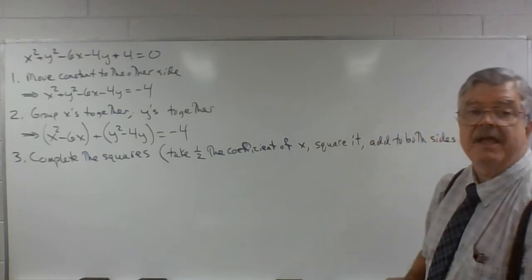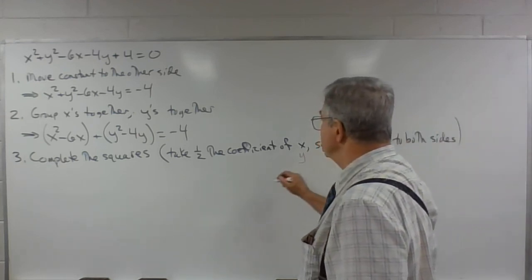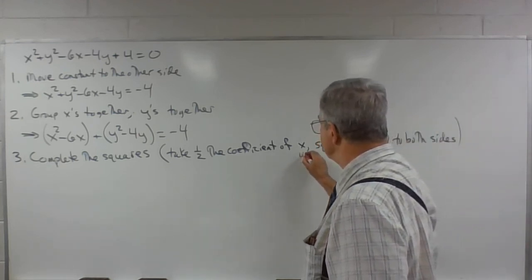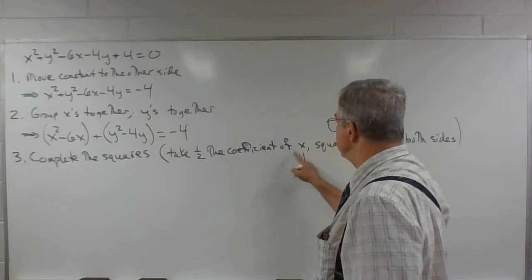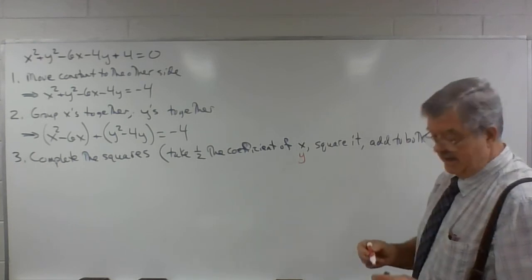And we do the same thing with the coefficient of y. Take 1/2 the coefficient of y, square it, add it to both sides.